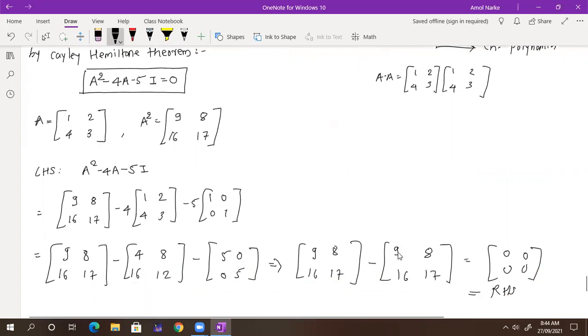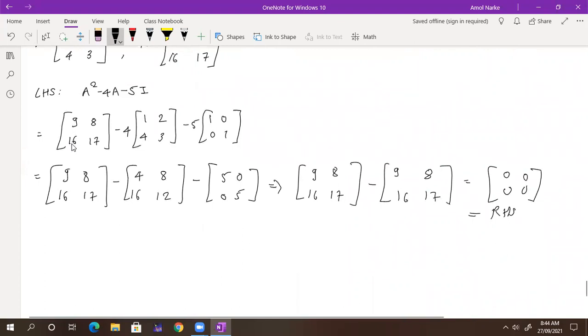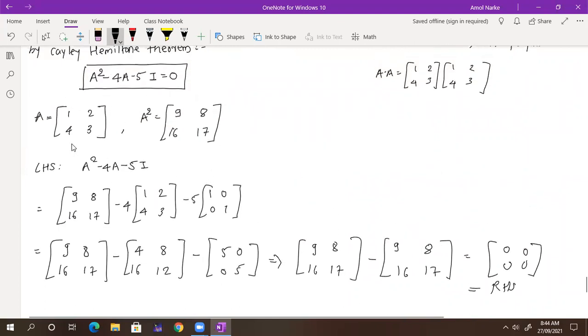Now suppose in that particular example, we may ask you to find the inverse of A by using Cayley-Hamilton theorem. So what you are going to do: first find the characteristic equation, and by Cayley-Hamilton theorem this equation is satisfied. No need to check every time. So the star equation is satisfied.